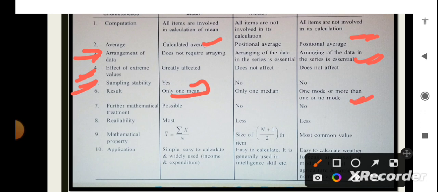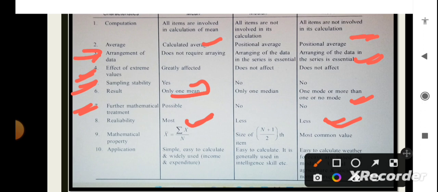In case of mean, further mathematical treatment is possible, but in case of mode and median, no further mathematical treatment is possible. Mean is the most reliable, whereas the mode is the least reliable.